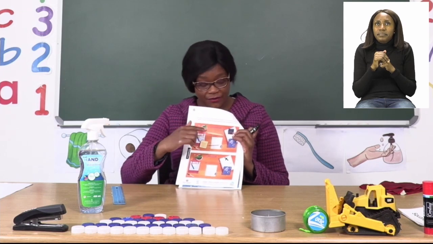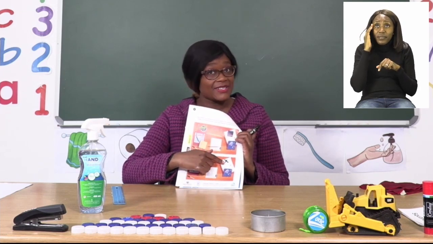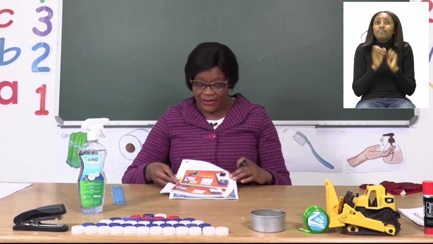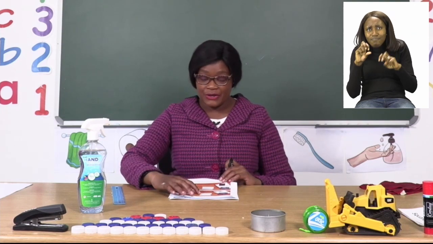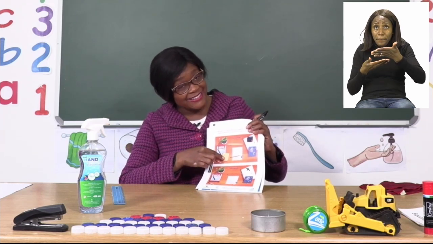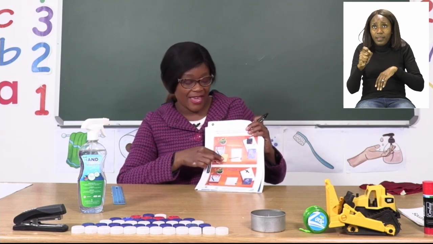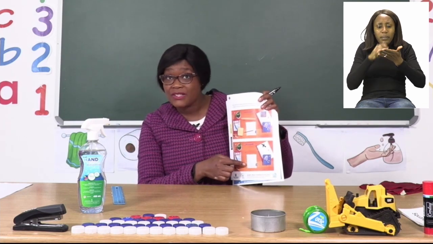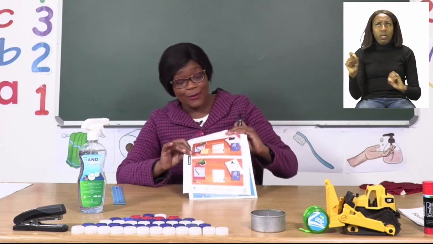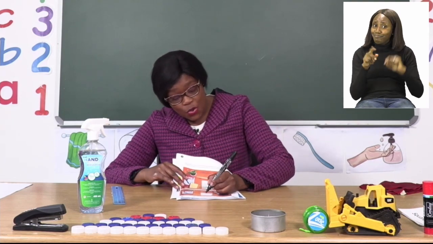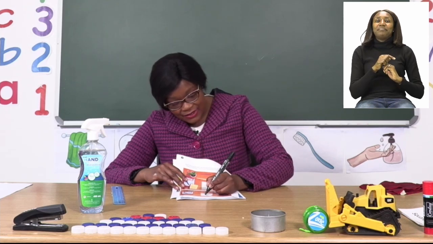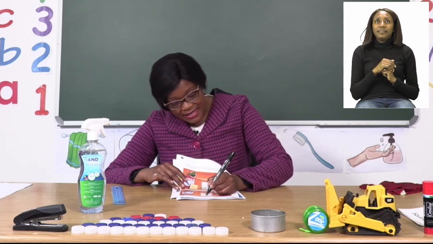That way you would have marked and shown that there is something missing. Let's try and look for something else. If you look at the paper on top, there is a pencil sitting on the paper. But if you look at the bottom picture, there is no pencil. So our job is going to be to mark an X where the pencil is supposed to be.